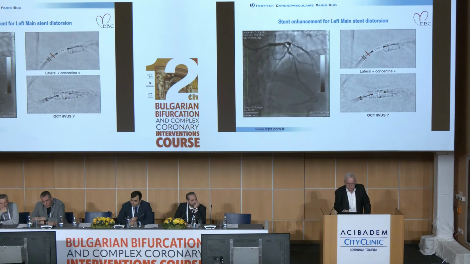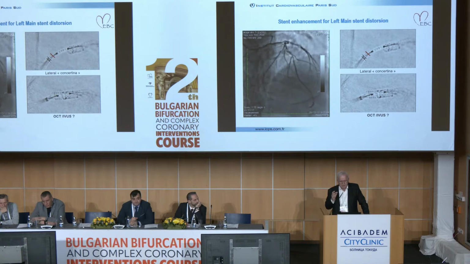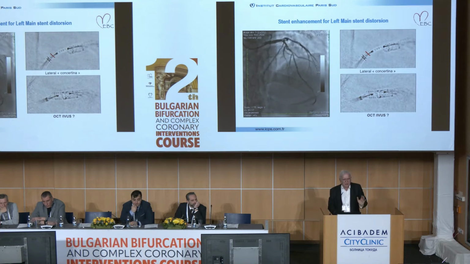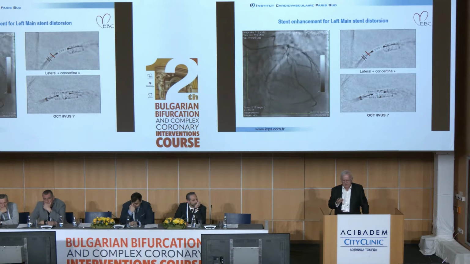And at the top right, I show you maybe why the guiding catheter is more distal than you think when you are working with it: the marker is not at the tip. You have some plastic distal to the marker, so you don't realize that you are penetrating too much into the left main.